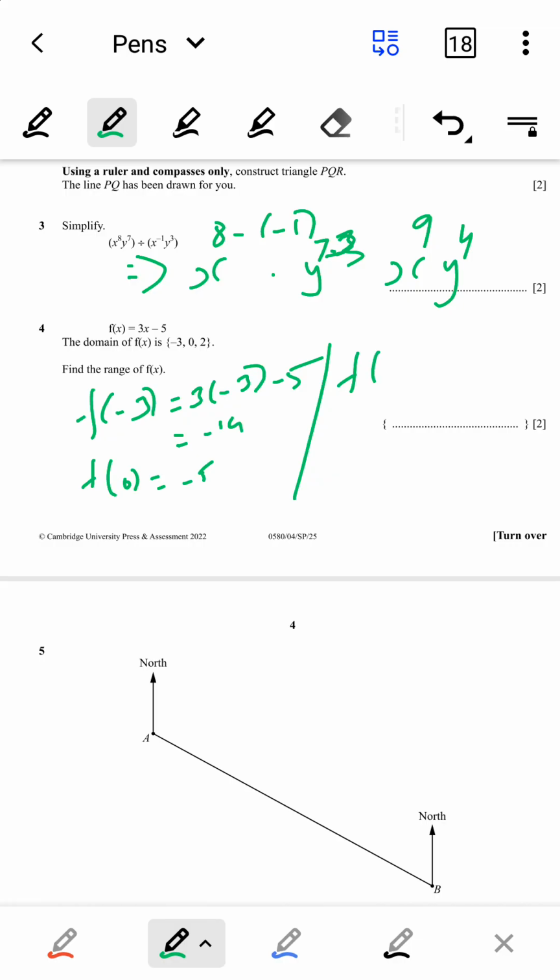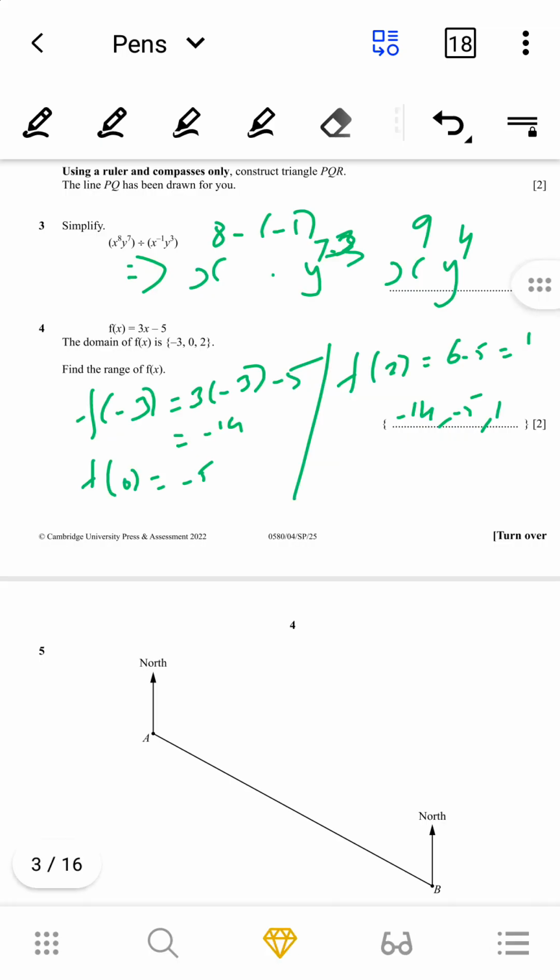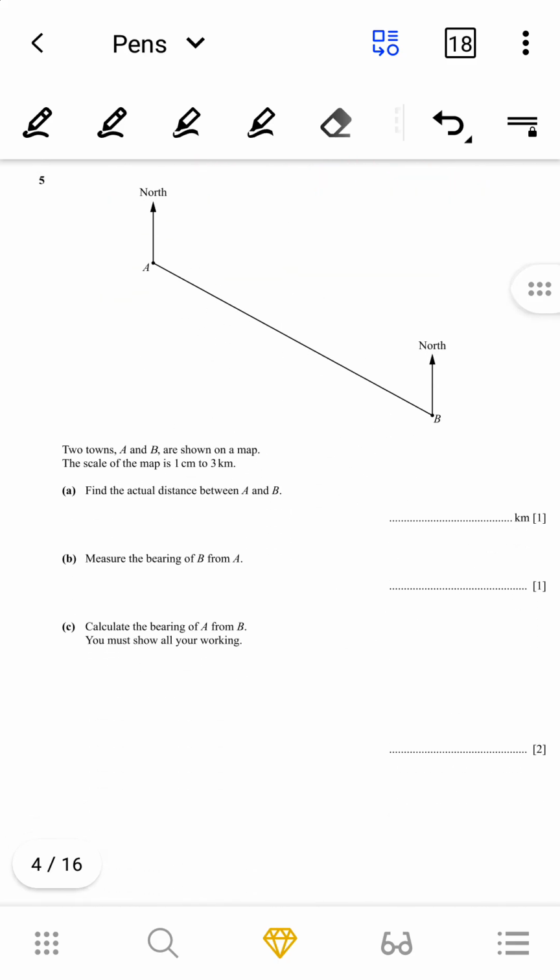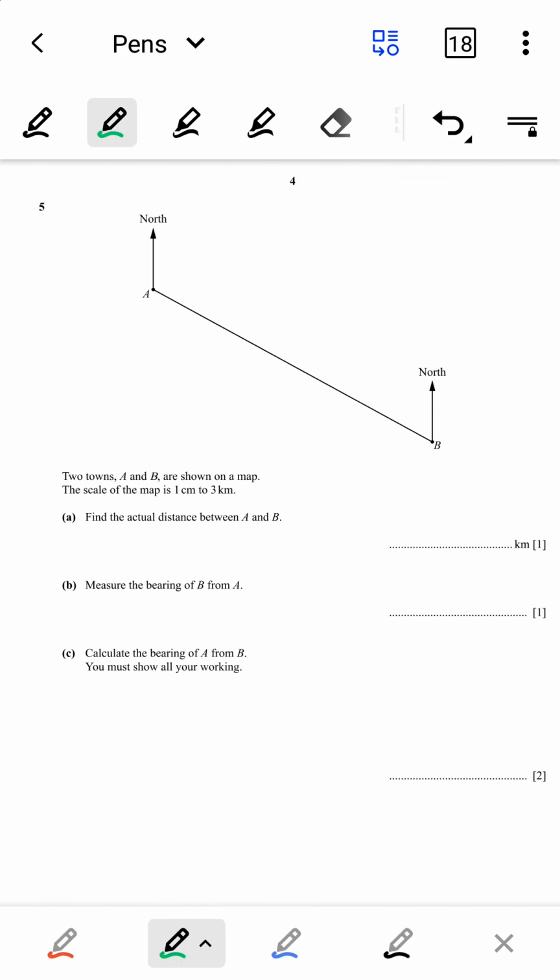Then f of 2: 3 times 2 is 6, minus 5 is 1. So for the domain input minus 3, 0, 2, the range is minus 14, minus 5 and plus 1. Very simple.